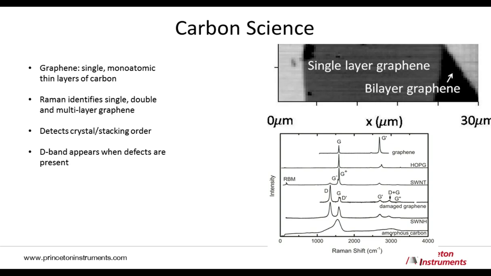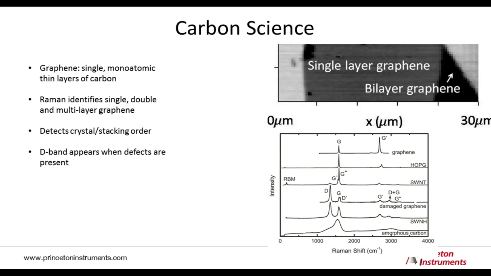A great example is the study of carbon and carbon-based materials. So pure carbon can take various forms, from amorphous to various crystal structures, for example, diamond and graphite, where graphite is itself made up of stacks of monatomic, honeycomb-like layers of carbon. Single layers of graphite are called graphene, and they have been very popular in material science in the past few years, so you might have heard of those.